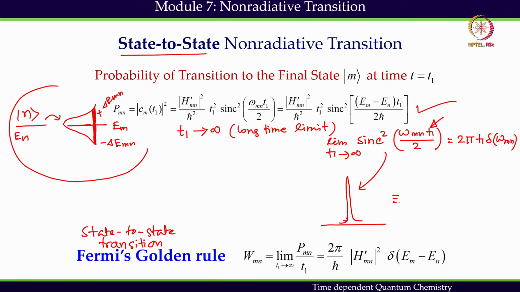So, this becomes like this with 0 width, a delta function in the limit of T1 tends to infinity, and the height would be infinite, and it behaves like a delta function, omega mn delta function.